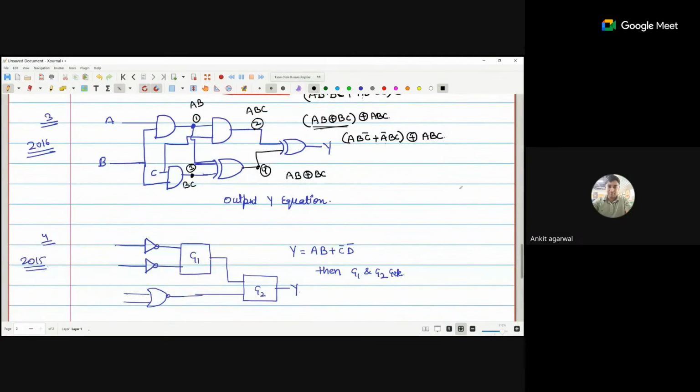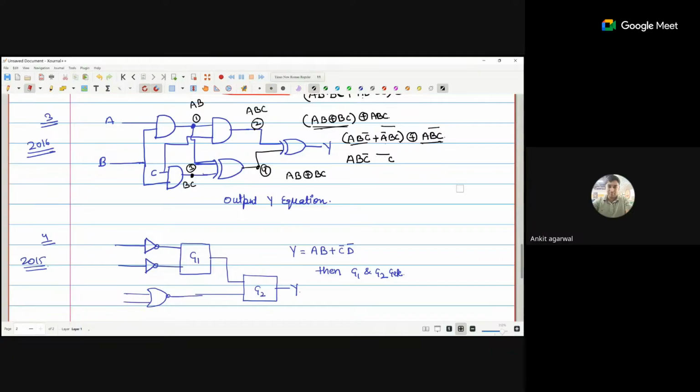Okay, so again ABC bar, AB. XORing this one with this one, and this one with this one.